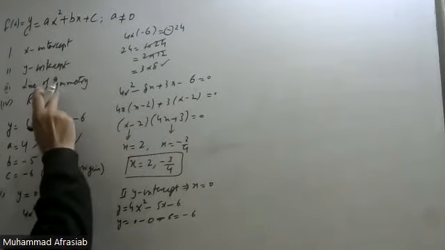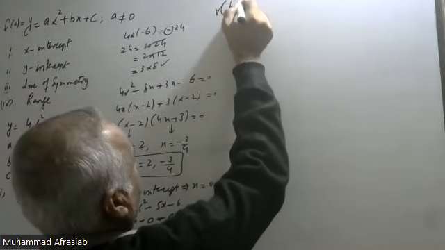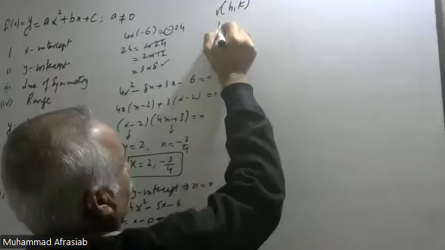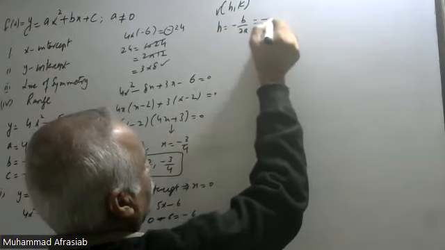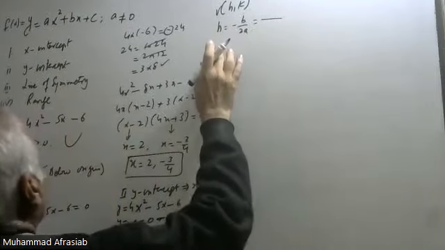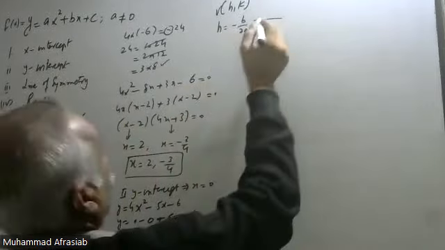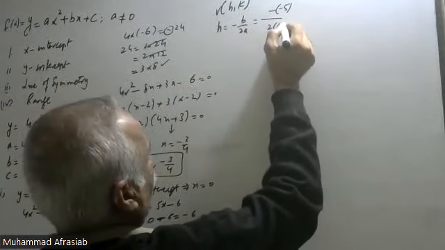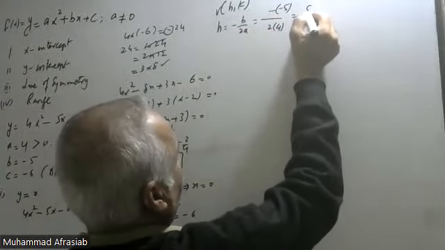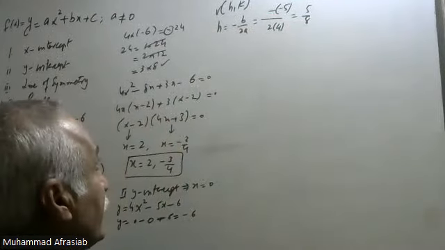Then they are asking about the line of symmetry. Since the vertex is going to lie at h and k, where h is equal to minus b over 2a, and here b is equal to minus 5, so minus into minus 5 over 2 into 4, and that is equal to 5 by 8. So this is the x coordinate of the vertex.